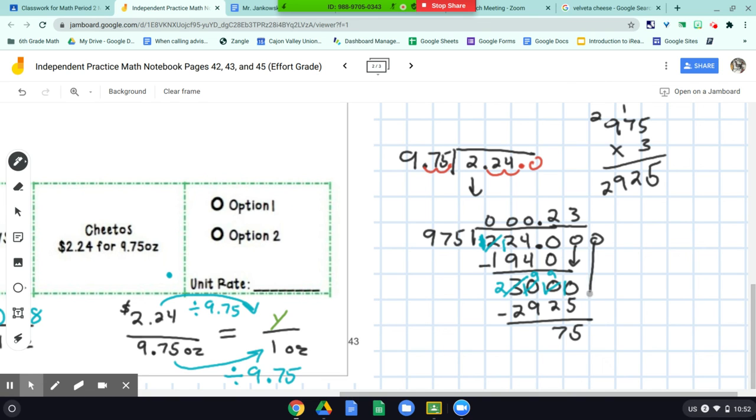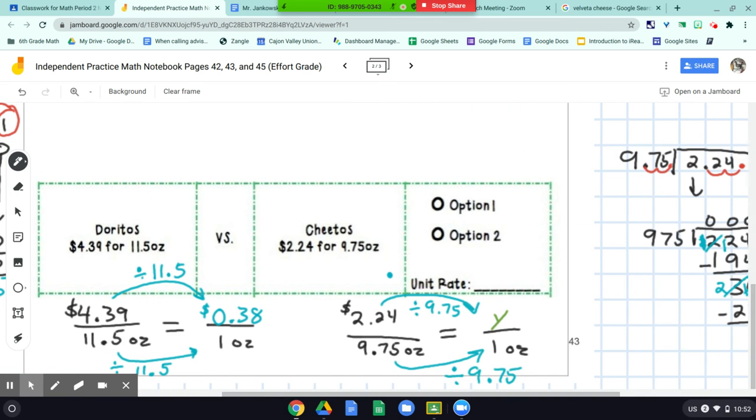Okay, so I'm going to drop down another 0. And 975 goes into 750 how many times, guys? 0 times, right? And from there we can stop.